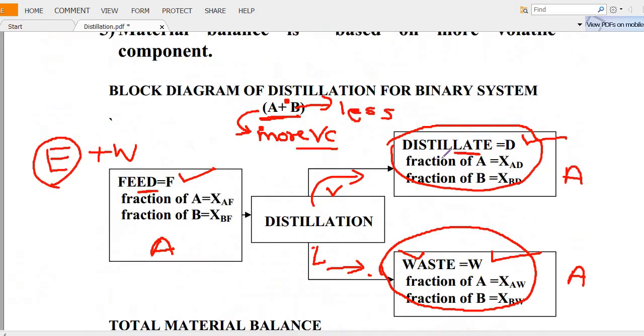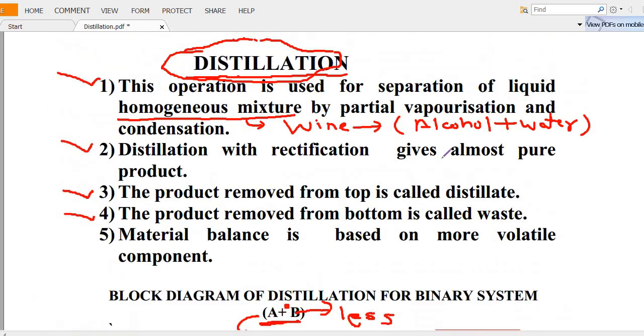Okay, so let me repeat this part. Distillation operation is used for separation of liquid homogeneous mixture. And in this distillation, partial vaporization and condensation takes place. The best example here is wine, a homogeneous mixture in which ethanol and water are present.